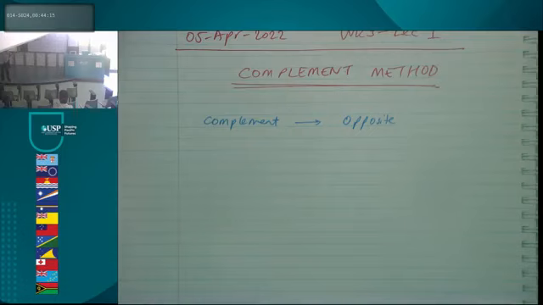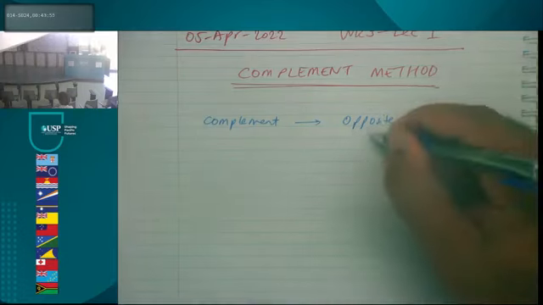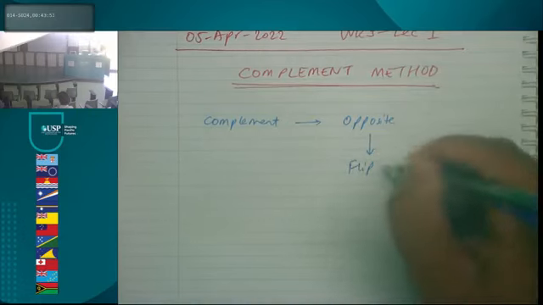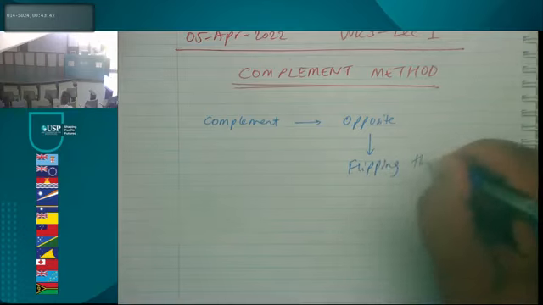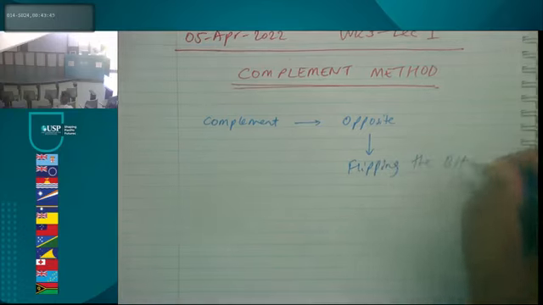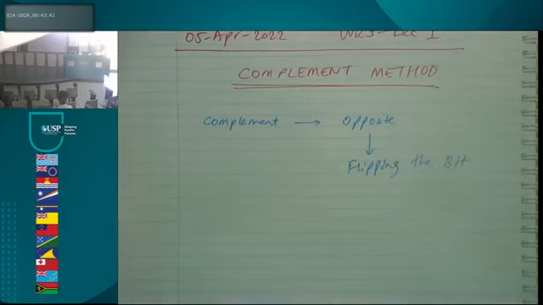So if somebody compliments you, they are being different from the others, because the others are silent and one person has complimented you on your sports or your grades or your footwear, whatever it is. But in our case, complement means opposite, and it actually means that we've got to apply flipping the bits.